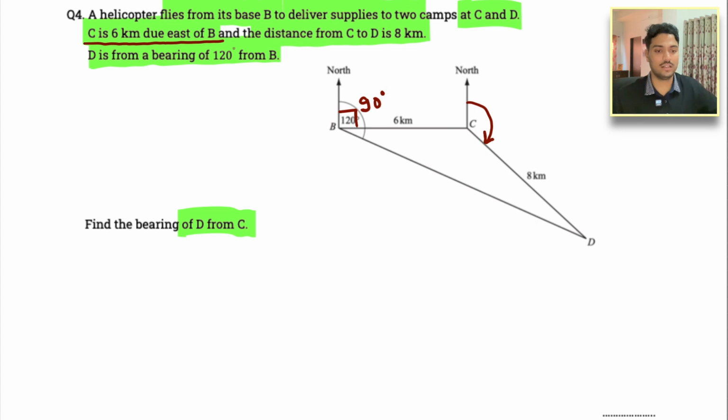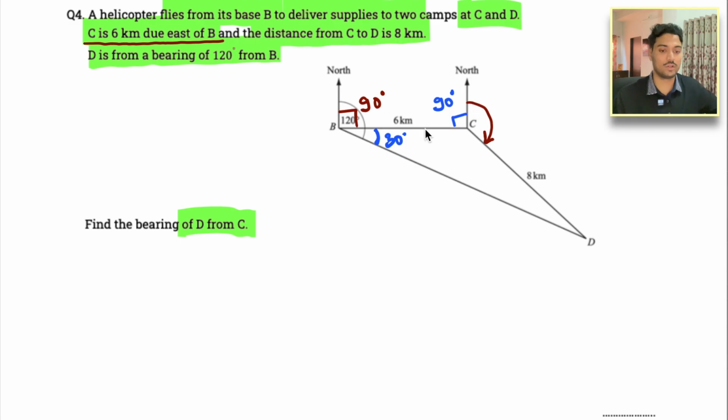So if this is 90 degrees, this remaining angle is going to be 30 degrees, because the bearing of D from point B is marked as 120 degrees. This will also be 90 degrees because it's exactly at north. This is a straight line, that makes this angle also 90 degrees.